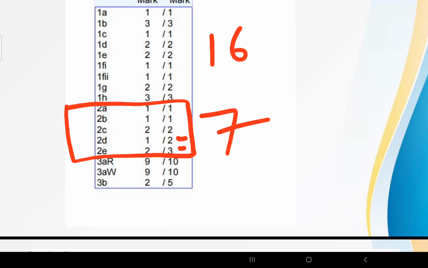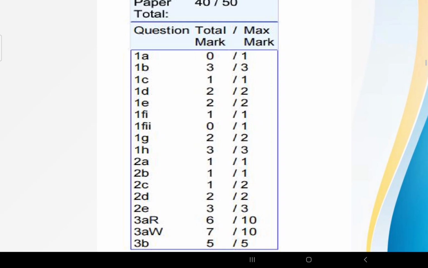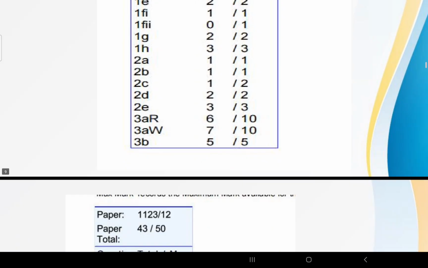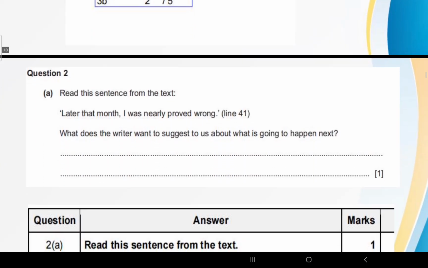So a student who scored fewer marks in the comprehension task got full marks in the use of language task, whereas a student who got full marks in the comprehension task couldn't score full in the second part, the use of language task. So you have to pay attention to both comprehension and use of language tasks, and you need to attempt them in a different manner.